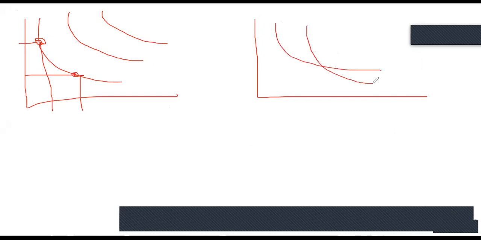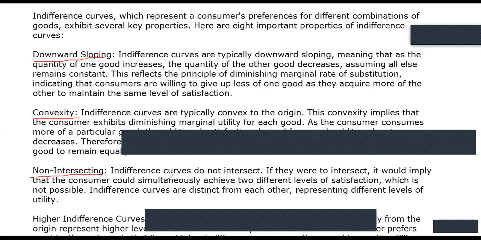One person will have the same satisfaction at point A and point B, but at different levels, which simply means one person can enjoy two different levels of satisfaction, which is not possible. Are we together? So this is what it means that they do not what? Crisscross.